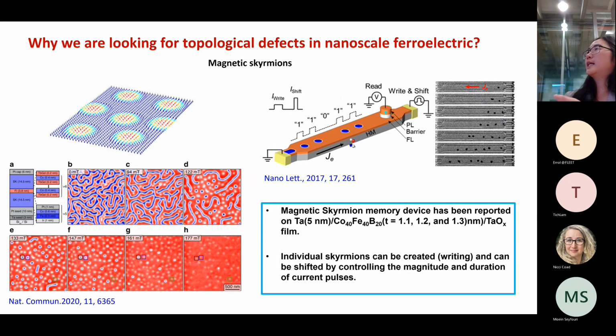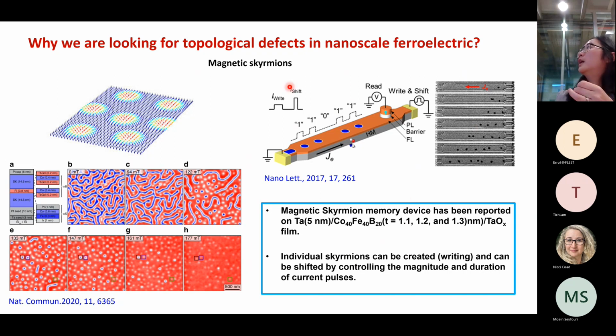And actually this has been studied a lot first in the magnetic materials. For example, magnetic skyrmions have been found to get really small, and they can be manipulated with a magnetic field.